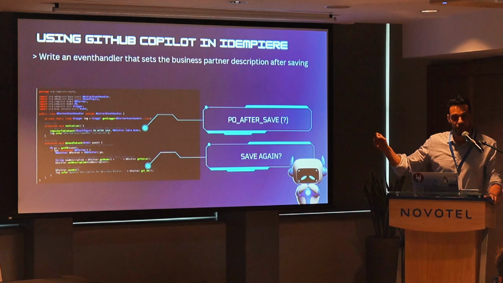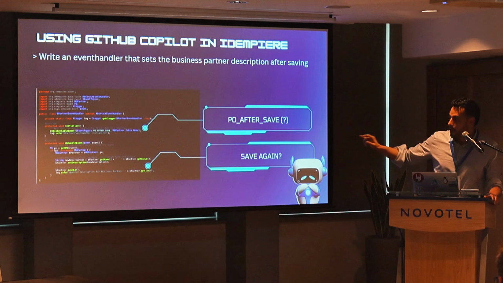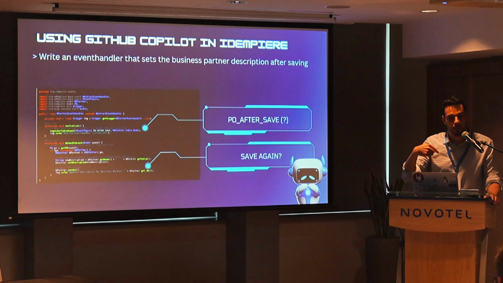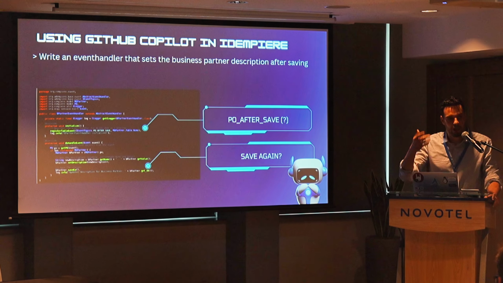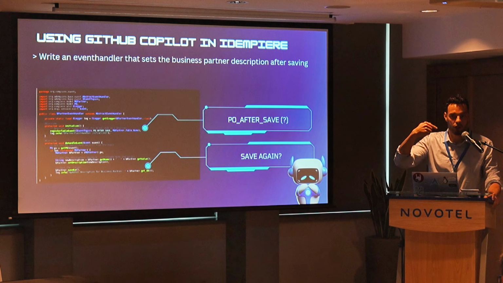That one is easy to catch because Eclipse will show the error in red. But the code that it suggested is saving the business partner that it is updating. If you have ever done that with event handlers, when you save the same object that is triggering the event handler, you get an infinite loop because it saves and it calls the after change again, and it saves and it calls again.